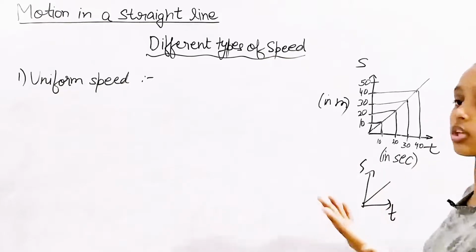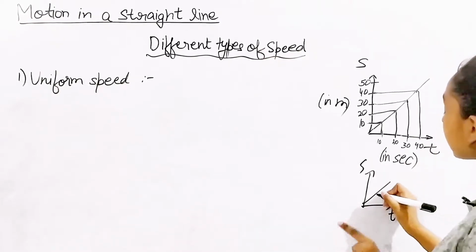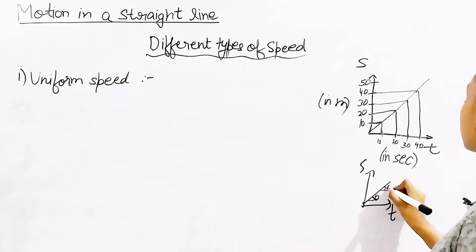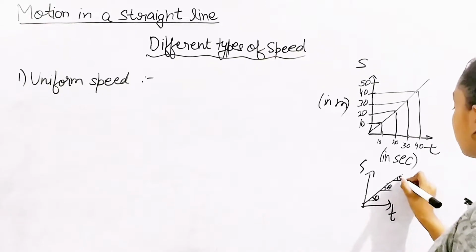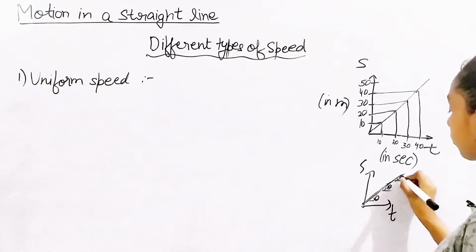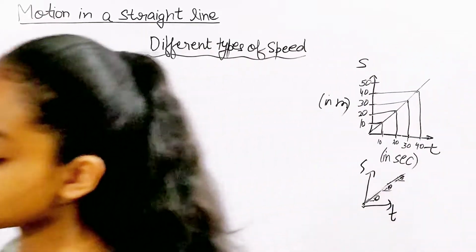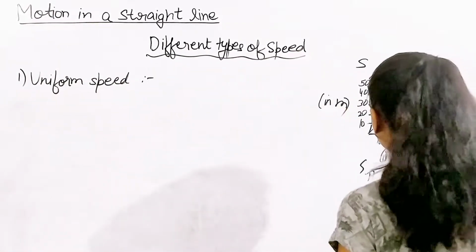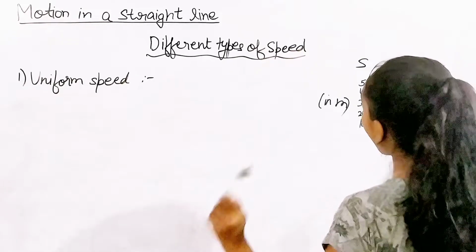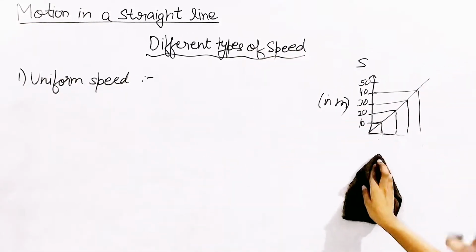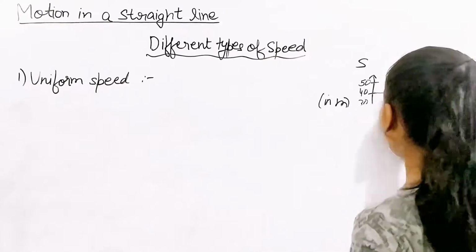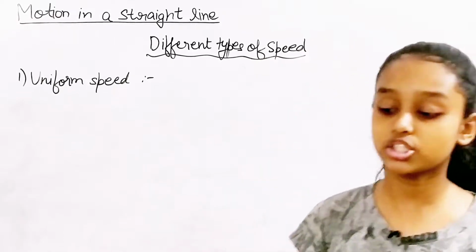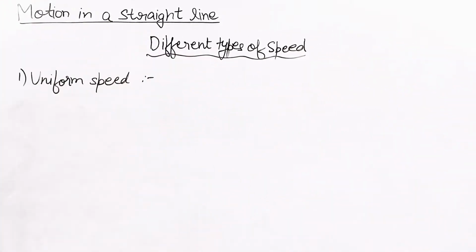But here the velocity is constant. If I make theta here, it will be constant and will just continue going. Velocity is going to be constant, and speed is going to be uniform speed. I hope you get it. That was just to give you an understanding of uniform speed.